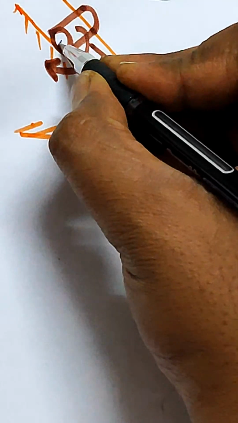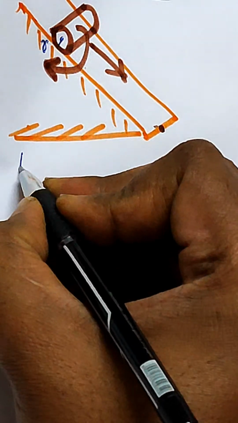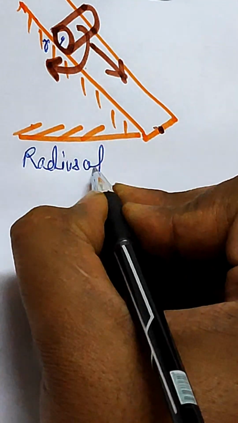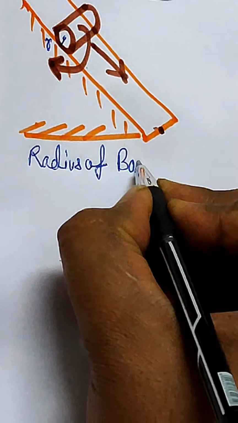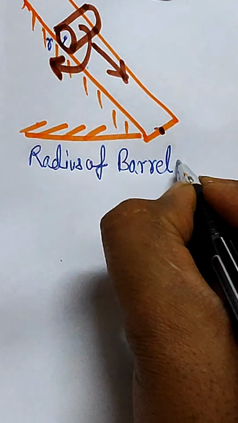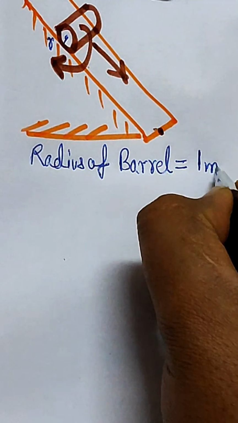So the data given in this question is that the cylindrical barrel has a radius of 1 meter. So this radius r, the radius of the barrel, is given to you as how much? 1 meter, right?